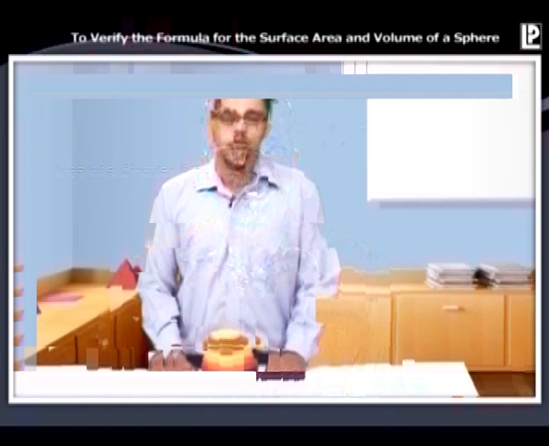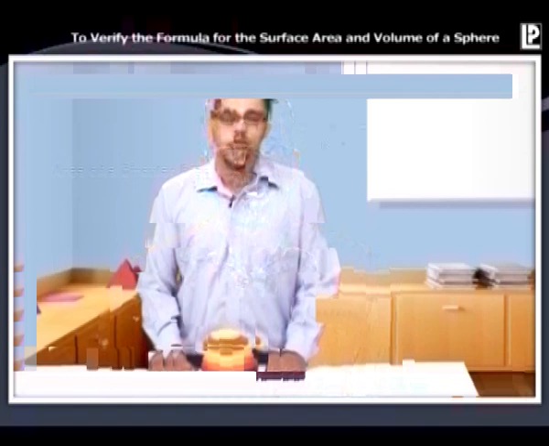Substituting these values in the formula, we can determine the surface area of the hemisphere. Adding these values, we get the total surface area of the hemisphere AQB as 107 pi centimeter square. Let's label this value as the experimental value.